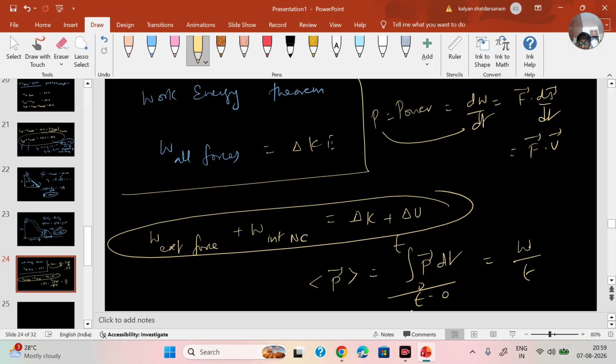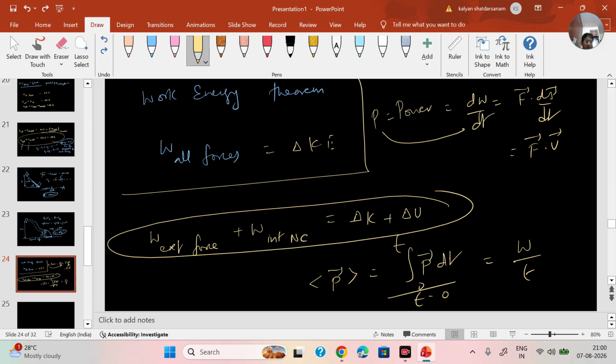If you just divide something by time, that is average. If you take the derivative, it is instantaneous. In the calculus lectures, I said the rate of change of height of a baby is dH by dt, whereas if you do change in height by change in time, it is the average rate of change. Same thing here. Exact power is dW by dt. Average power is W by t. Exact power dW by dt, you can write it as F dot v also.